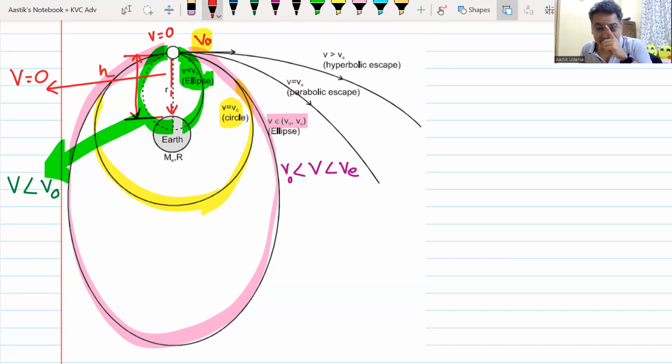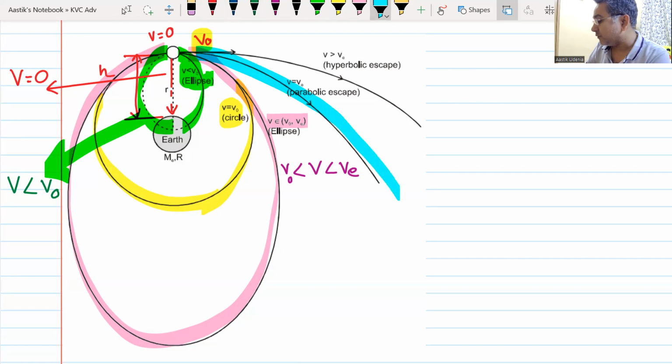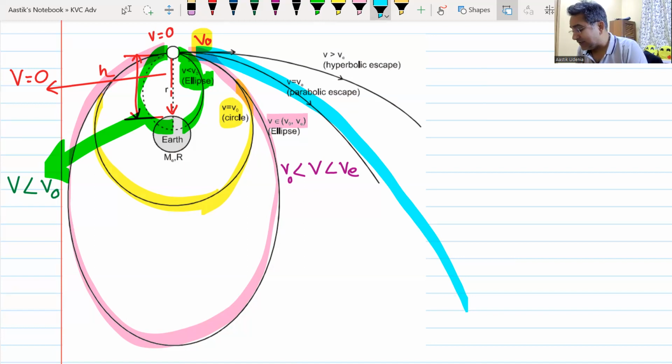Now comes eccentricity 1. That means you give it a velocity equal to the escape velocity. It will leave Earth in a parabolic path. If you give it a velocity more than the escape velocity, it is a hyperbola, eccentricity greater than 1.